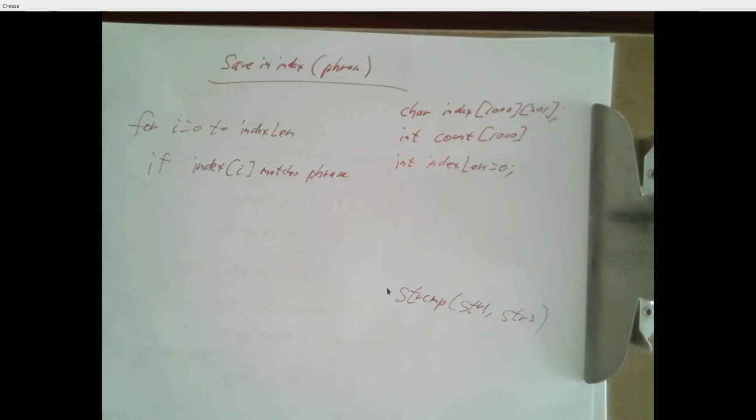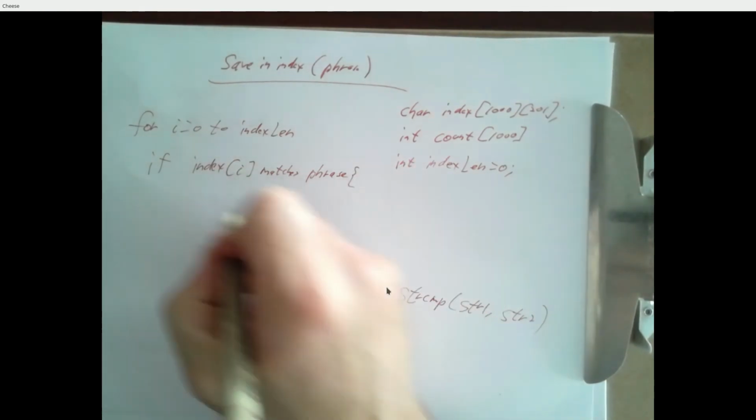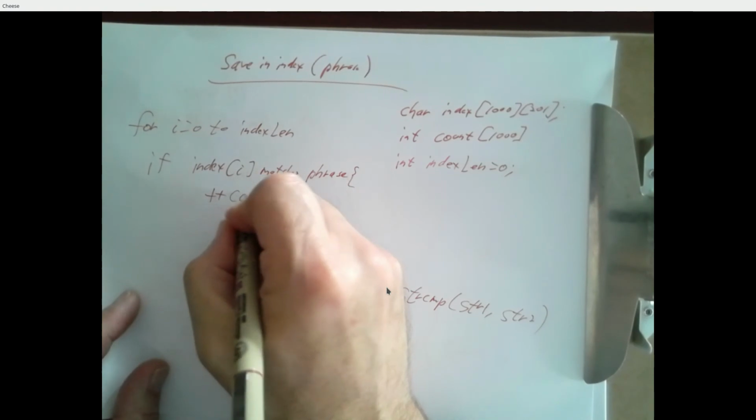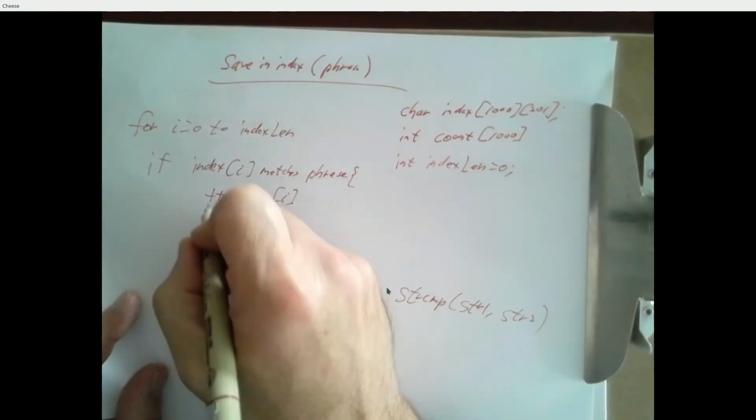If entry I in our index matches our phrase, using string compare, then increment the count. I just called it count. Increment the count and return.